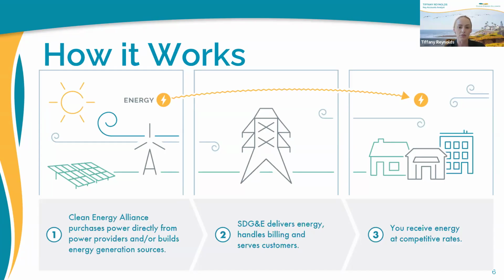So think large solar farms, large wind farms, nuclear power plants, and other resources. We actually go out and buy the electricity from these generation sources. We put that electricity on the electric grid, where then SDG&E takes over, which is step two of this image, and they actually deliver that electricity to your home through the poles and the wires.